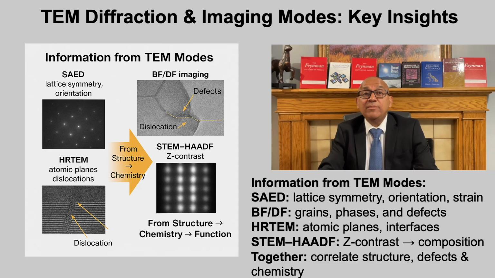This provides elemental and structural mapping at the atomic level, often complemented by EDX or EEL signals for full compositional analysis. Together, these complementary modes bridge the gap between structure, defects, and chemistry, allowing a comprehensive understanding of nanomaterials across scales.